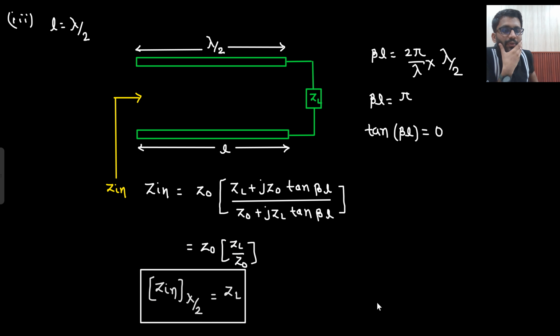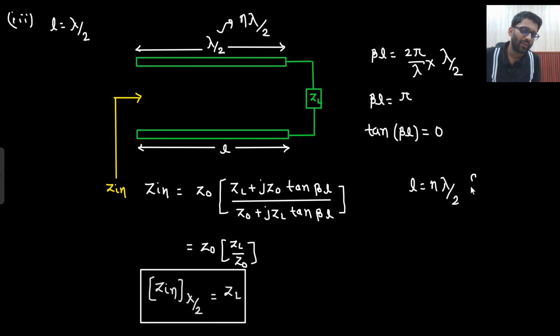So what is happening? What do you see? This ZL is again appearing as the input impedance after every lambda by 2 line. But this is not true only for lambda by 2. This is true for any multiple of lambda by 2. What I mean to say is that the length can be any multiple of lambda by 2, where n can vary from 0, 1 to anything.